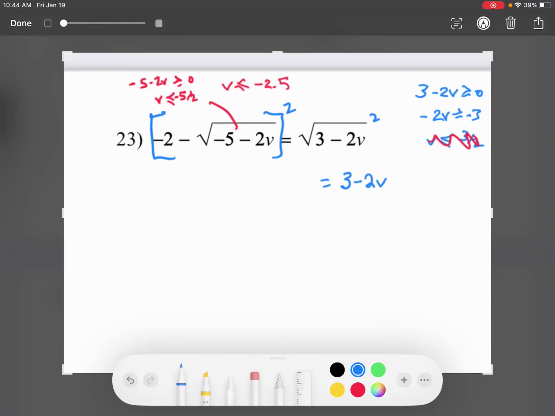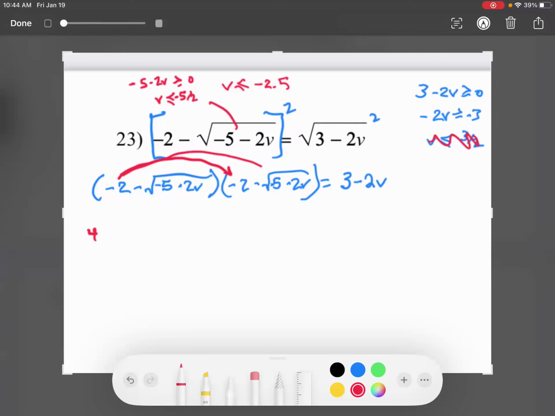All right, so if we multiply these things out, we'll do this. If you know how to do this, you can zip ahead to the next part. All right, we've got to FOIL. So we do this times this, and we get 4. We have to do this times this one.